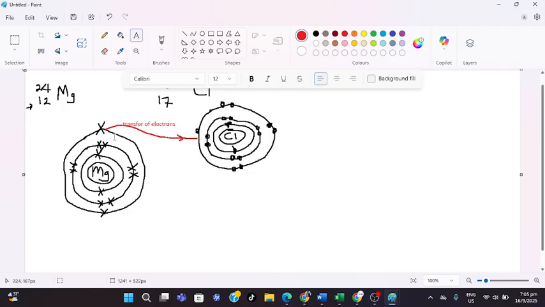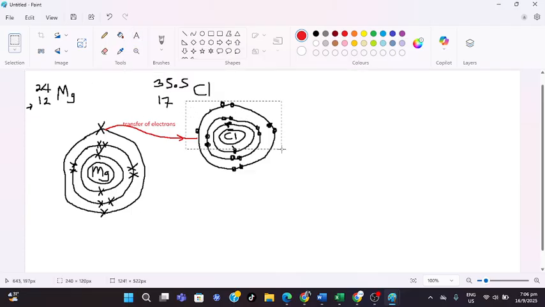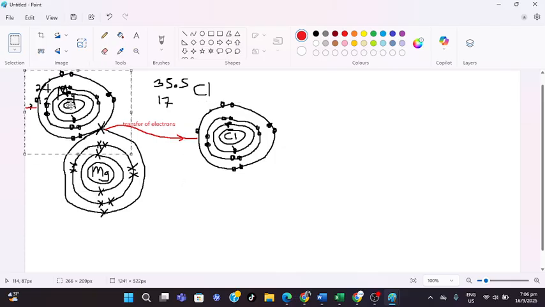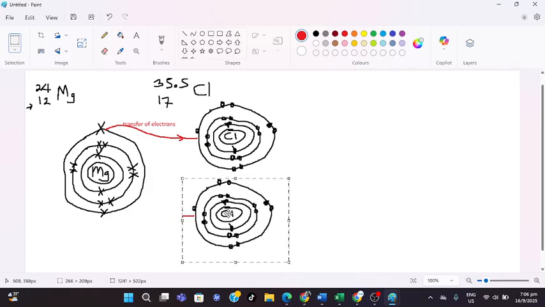Magnesium did not get rid of the last shell. It still has this one electron, so it's still lacking. So what's gonna happen now? I need another chlorine to come in and take this one.